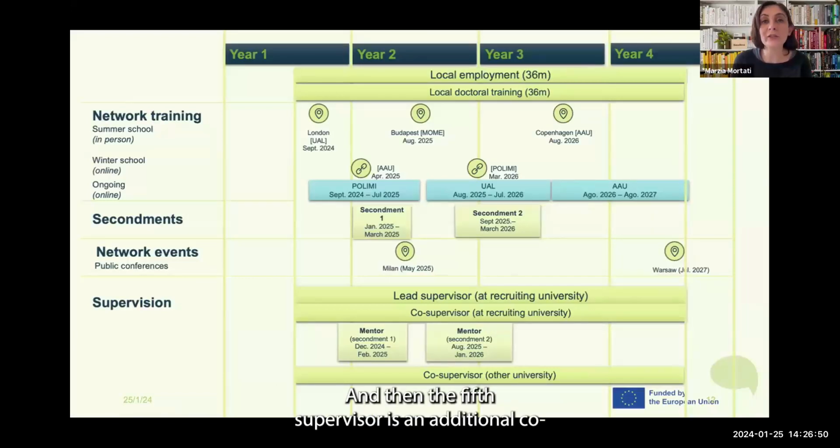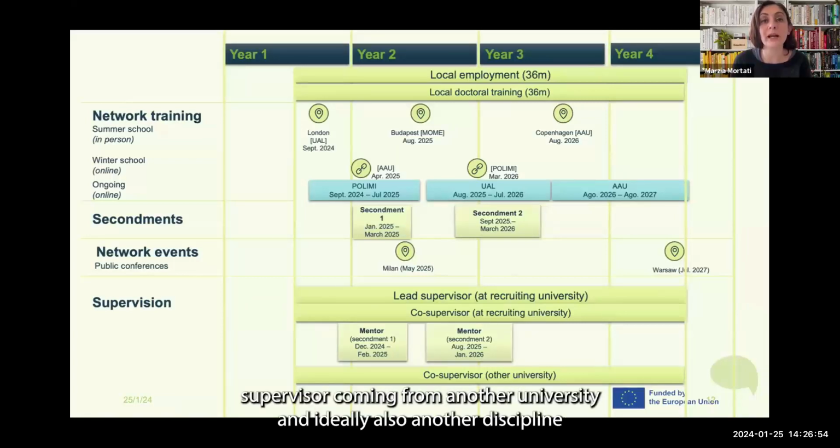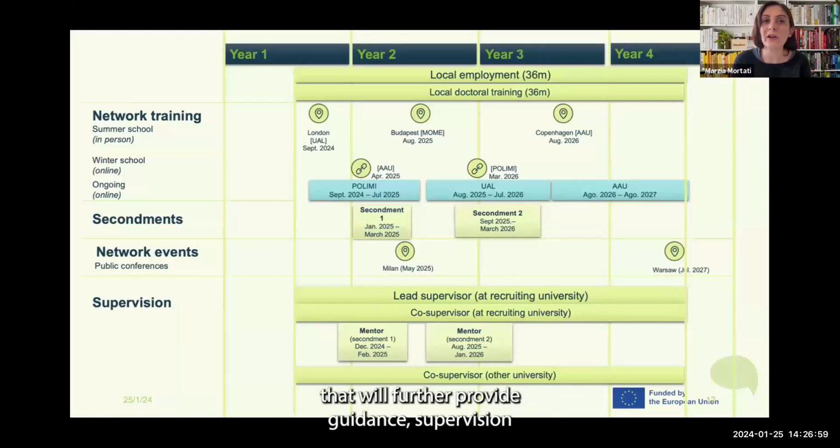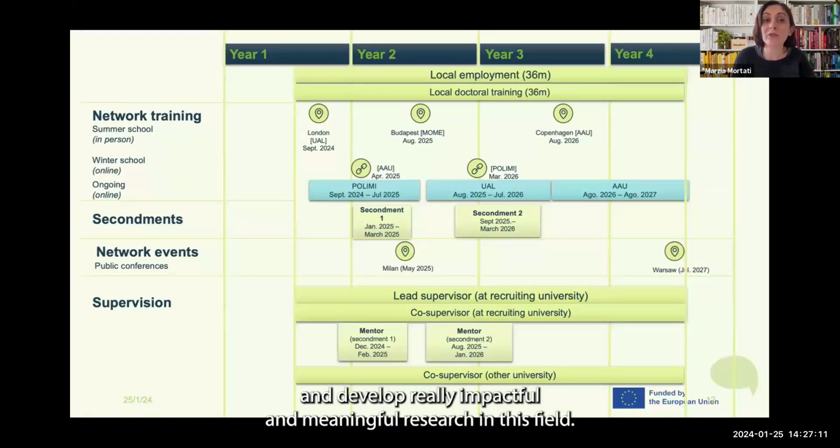And then the fifth supervisor is an additional co-supervisor coming from another university and ideally also another discipline that will further provide guidance, supervision, and feedback to the research of the candidate, trying to ensure as much as possible that the candidates are thoroughly followed and develop really impactful and meaningful research in this field.